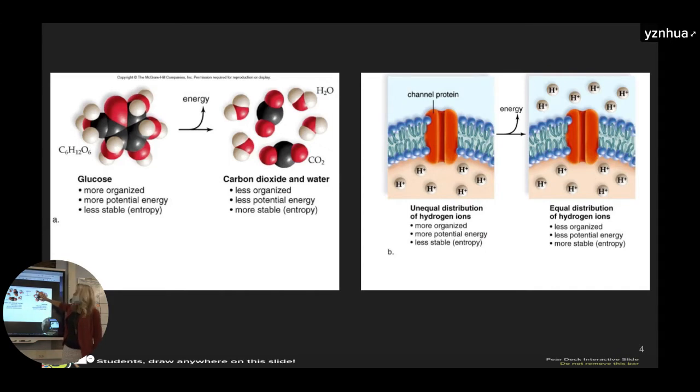So the more complex the molecule is, the more energy you have. But as you break it down, entropy increases, right? Disorganization. We go from more free energy, energy available to do work, to less energy available to do work. Yes? Okay. And when that transfer takes place, you can harvest some of that energy to make what? How do we store energy in our cells?